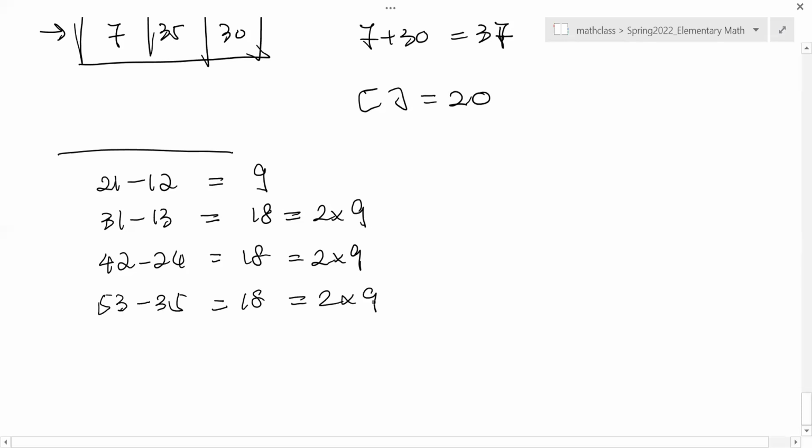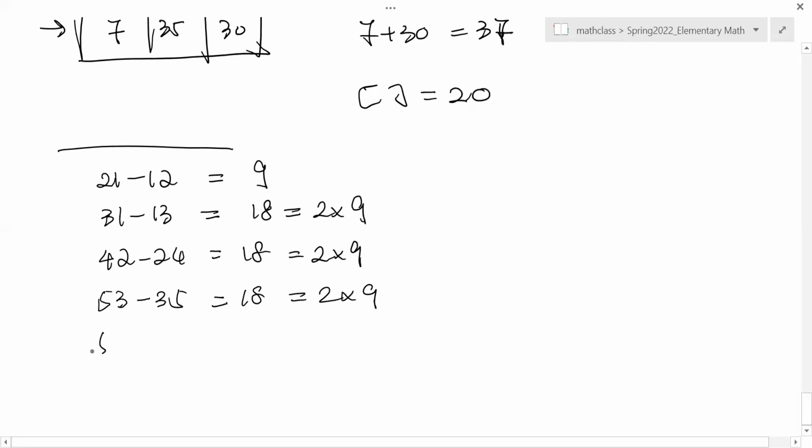Now the question is, so far we only get 9 and 18, right? So how about 51 minus 15? Now this time maybe I get a different number. Okay. 51 minus 15. Yeah, 36. But 36 is 4 times 9. So I get 4 times 9, but they're all multiples of 9.